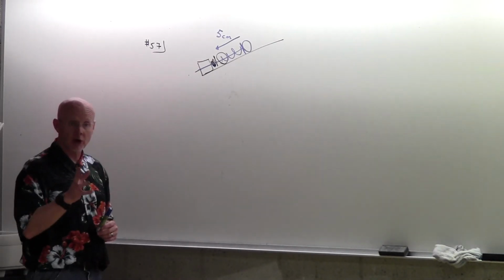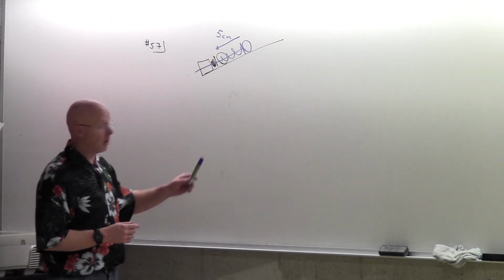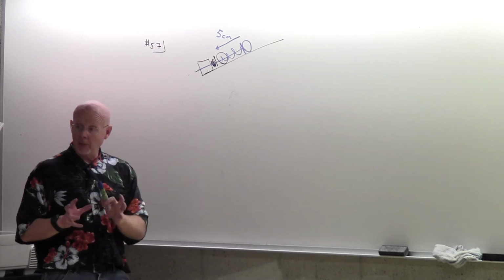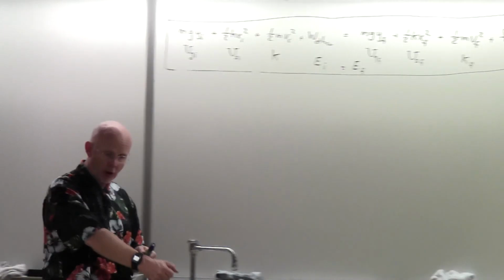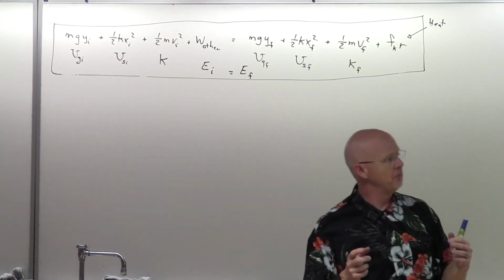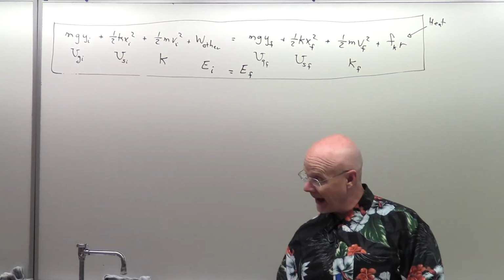So I'll ask you, where do you want to call y equal to 0? Maybe back here where it's in the launch point? In fact, that's what I'll probably call the initial spot here. Here's what's going to happen. You're going to pull it back. So in other words, initial is not before I pull it back. Initial is after I pull it back and I'm holding it.